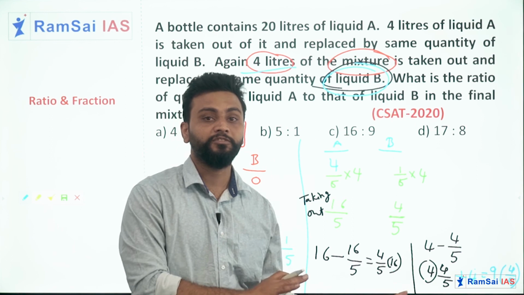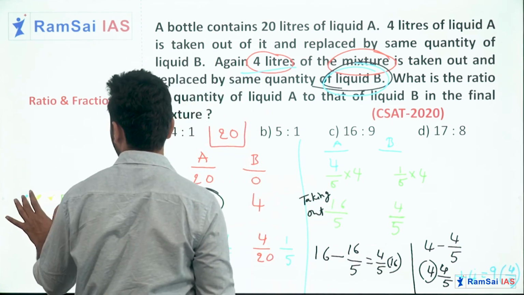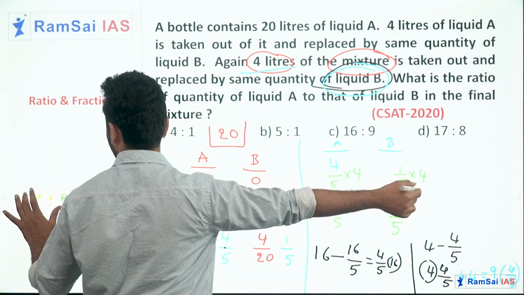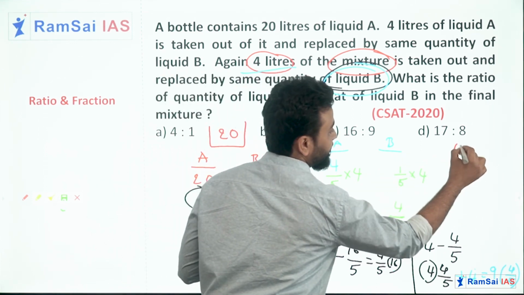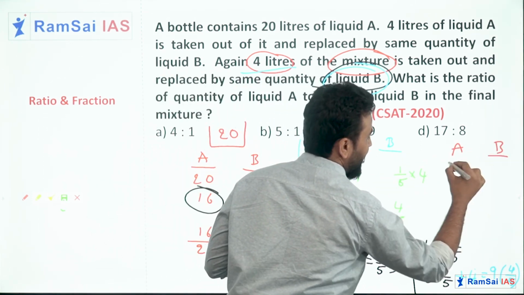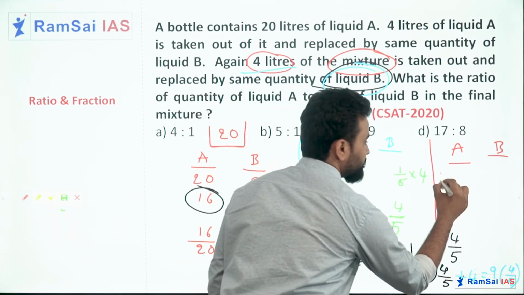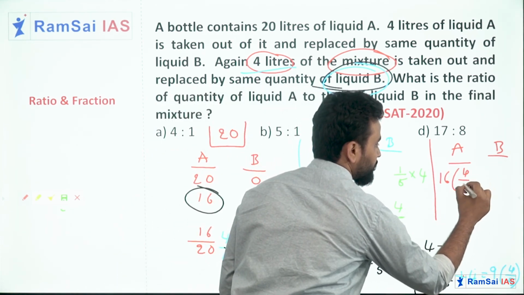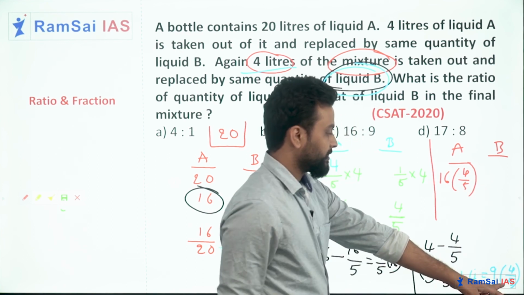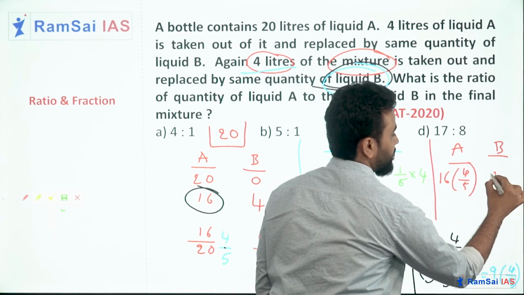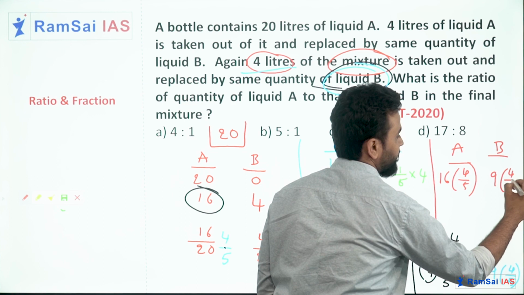Then what is the ratio of A and B? Again, finally I am writing here with red color, mixture A and B. I have ultimately 16 of 4 by 5 and 9 of 4 by 5.